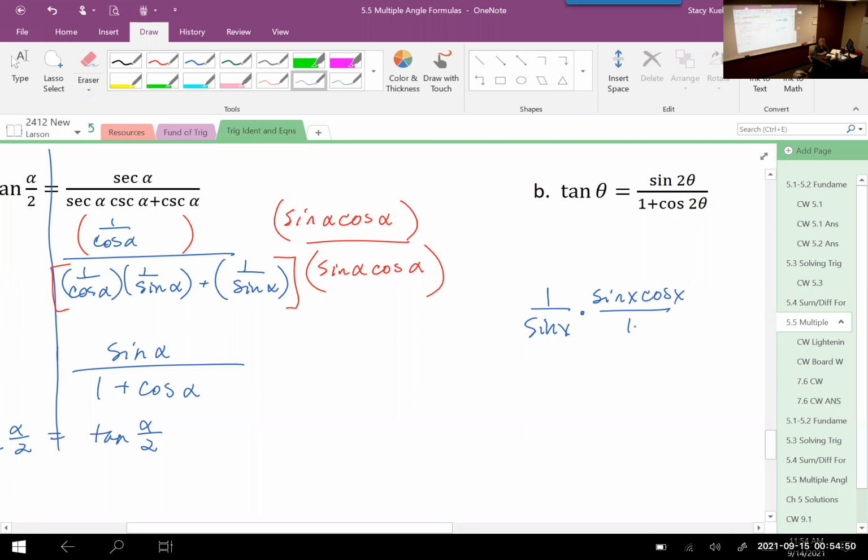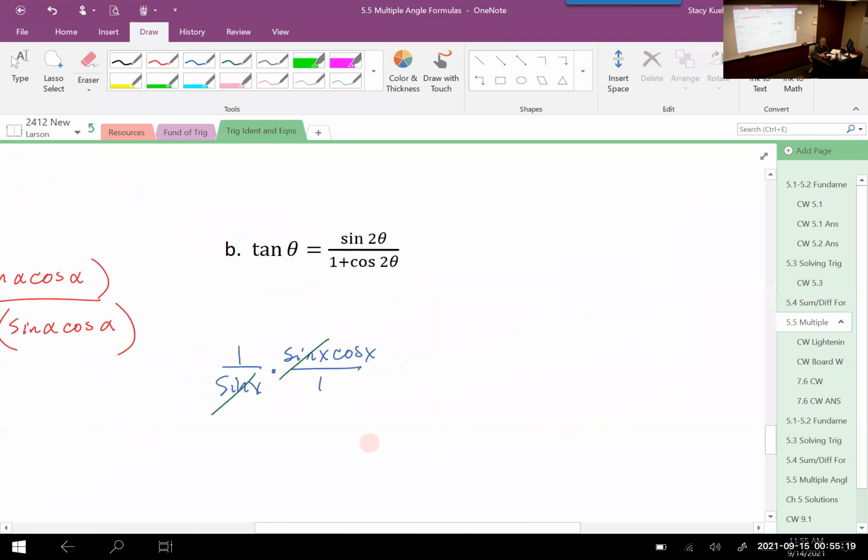I noticed this on some of your tests. We can only cancel factors when we multiply. I can't cancel factors between two things that I'm adding. I can only cancel common factors when I'm multiplying. So I'm multiplying the two fractions here, and therefore I can cancel their common factors. Okay, that makes sense. All right, that's how come we would do that.